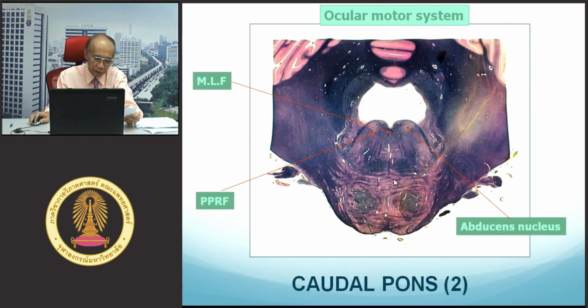The oculomotor system includes the medial longitudinal fasciculus or MLF, the paramedian pontine reticular formation or PPRF, which is the lateral gaze center, and abducens nucleus.